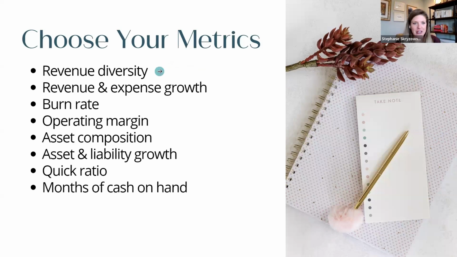So remember, just a refresher: our revenue diversity, revenue and expense growth, our burn rate, which is our average monthly expenses, our operating or profit margin, that's what percentage of our revenue is left over at the end of every period, every month, year, quarter, whatever. Then on the balance sheet, we have our asset composition, our asset and liability growth, the quick ratio, which is measuring our ability to pay our debts, and our months of cash on hand.